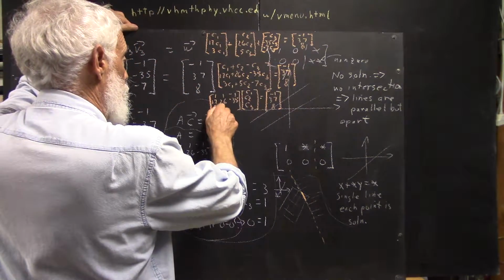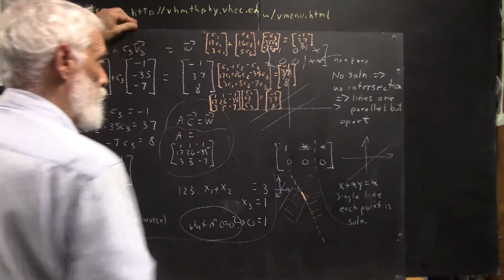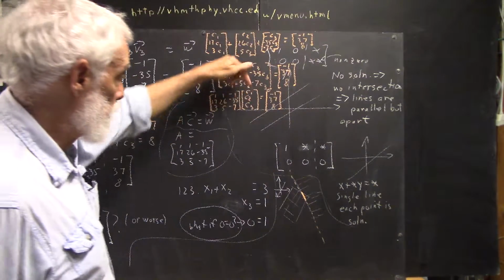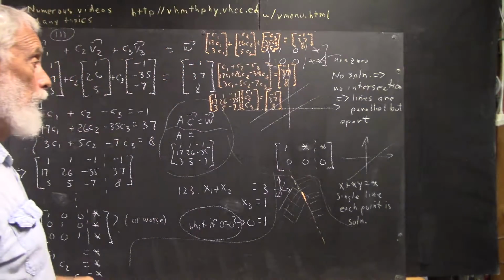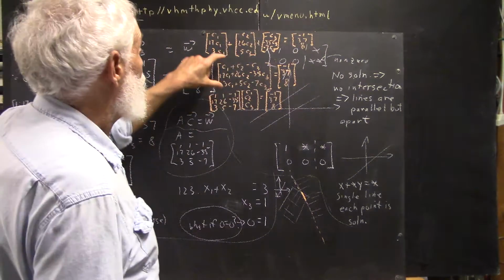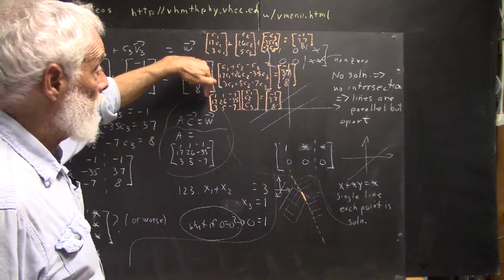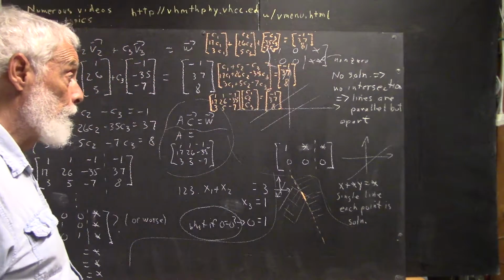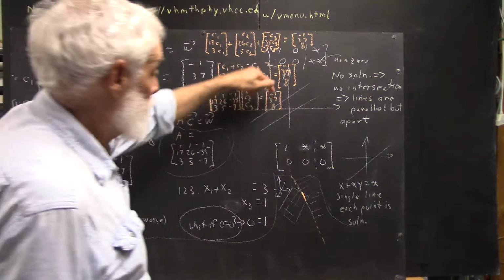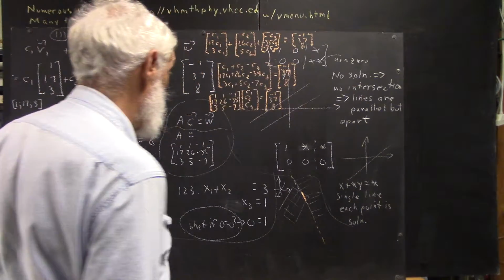And then my last row, for reasons that I think you'll understand if you understood what I just said, multiply this last row by this column, I get this expression. And, of course, all I've done is I've taken this expression and expressed it as a matrix times my C1, C2, C3 column vector, and set that equal to the column vector that I've had on the right-hand side ever since the first step.